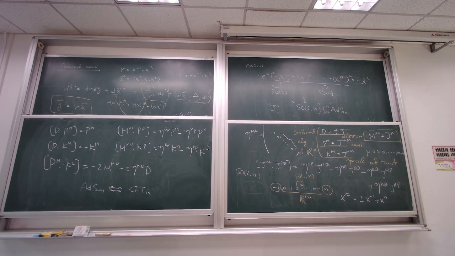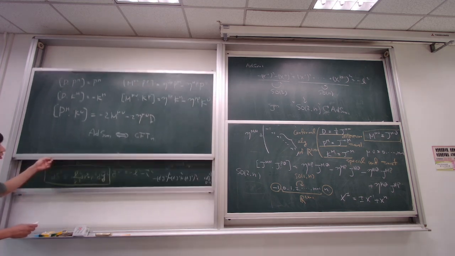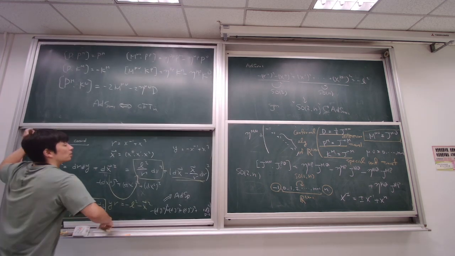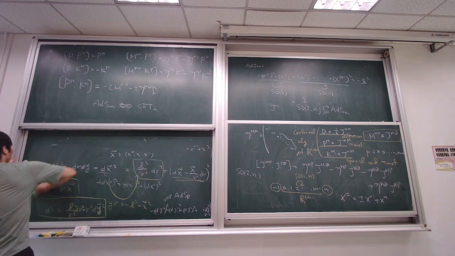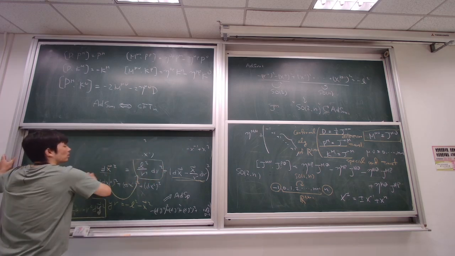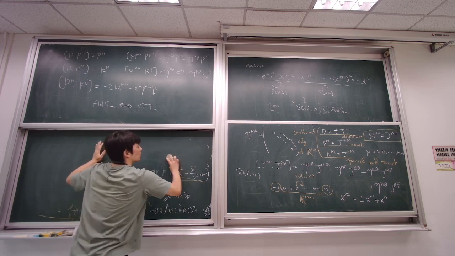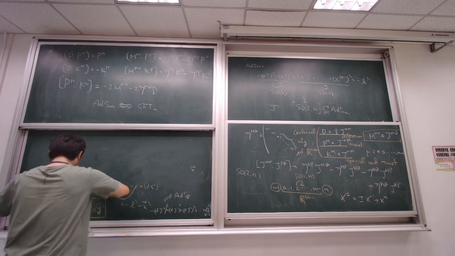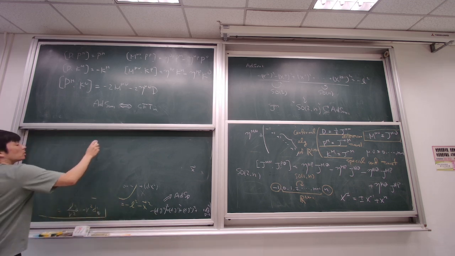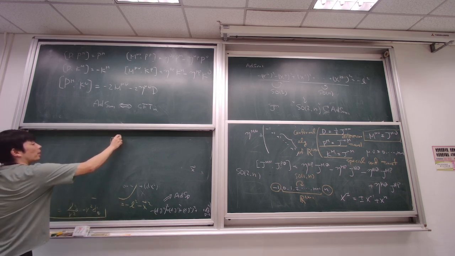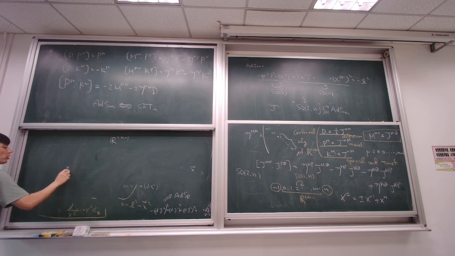Maybe I should mention the CFT, so R^{1,n-1}. Here is the origin, and there is some circle here.